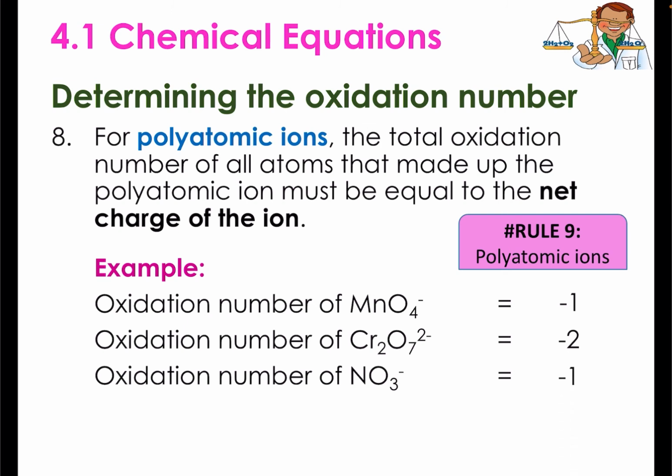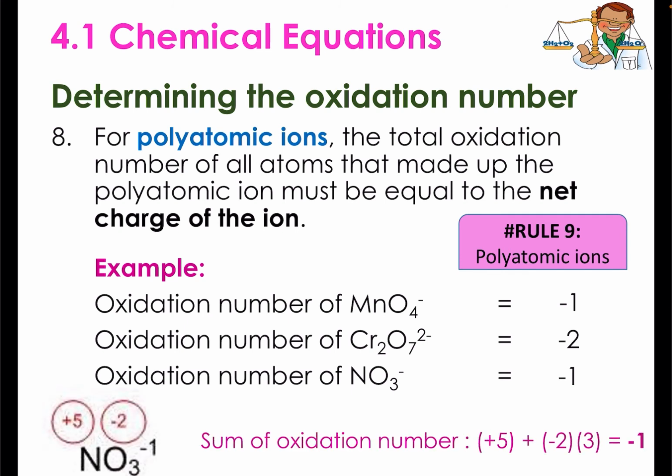So, how this number kita nak prove? Kita akan apply benda yang kita belajar daripada rule number 1 sampai rule number 8. Tapi taklah semua. Apa yang awak perlu faham, I got NO3 minus here. So, I use my example di mana summation for all oxidation number for all elements. Dalam kes ini, positive 5 untuk nitrogen.